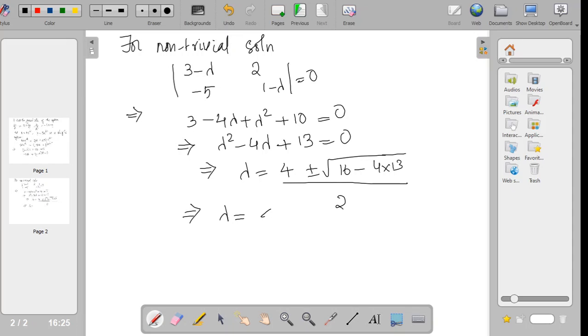So that will give 4 plus or minus 6i by 2, so that will give 2 plus or minus 3i. So therefore the roots are complex. The roots lambda 1 and lambda 2 are 2 plus 3i and 2 minus 3i. And now we need to find a and b.